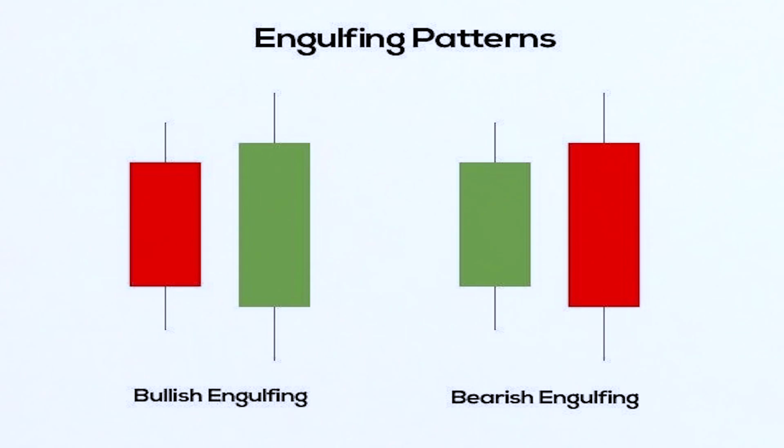This pattern indicates a strong shift in sentiment from sellers to buyers, often signaling the start of an uptrend. On the other hand, a bearish engulfing pattern forms when a small bullish candlestick is followed by a longer bearish candlestick, indicating a shift from buyers to sellers and potentially marking the beginning of a downtrend.